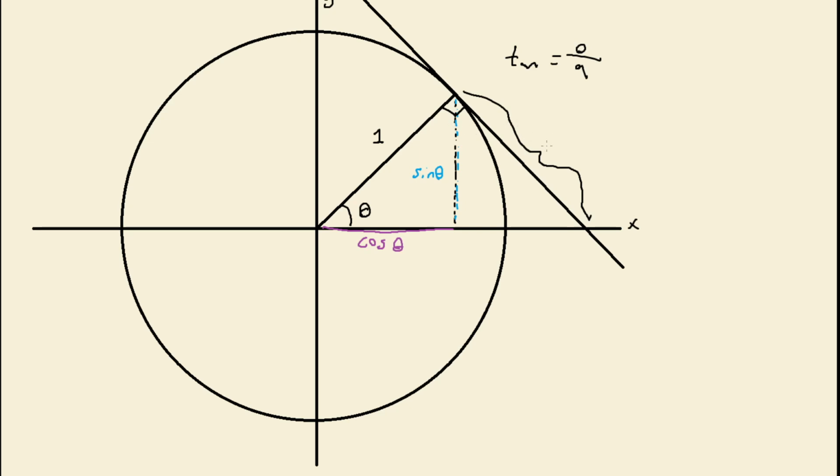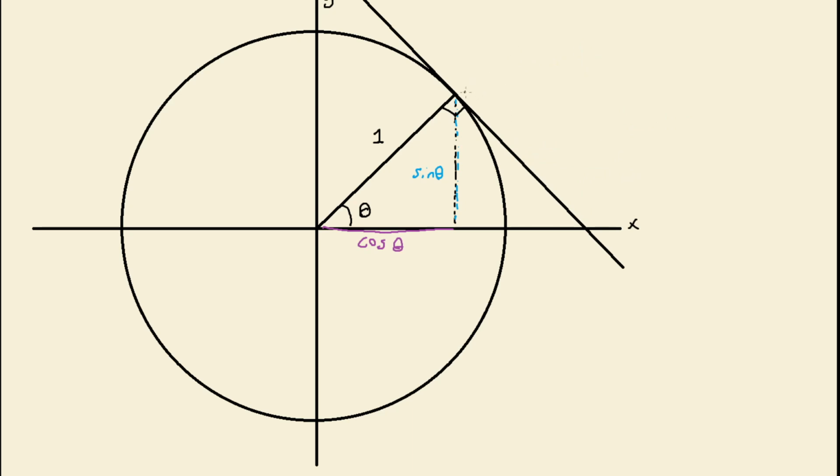And so we'll just call this O. And so with respect to this triangle, tangent of theta is going to equal O over 1, because this is the adjacent side here. And so that is to say that tangent of theta is equal to the opposite, O. It's the length of this line segment here.